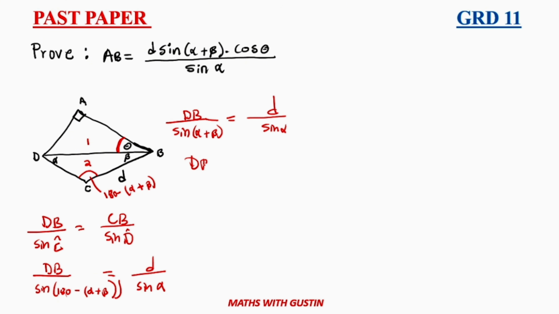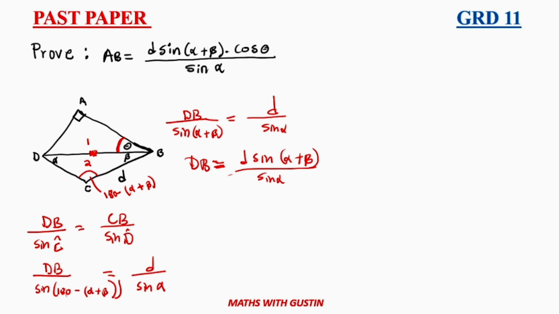So DB would be equal to, if we cross multiply here or multiply by sine alpha plus beta, it doesn't matter, guys, we just make it the subject of the formula, D sine alpha plus beta, there you go, all over sine alpha. Great stuff. So now once we did this, it means this side, we know this side now.